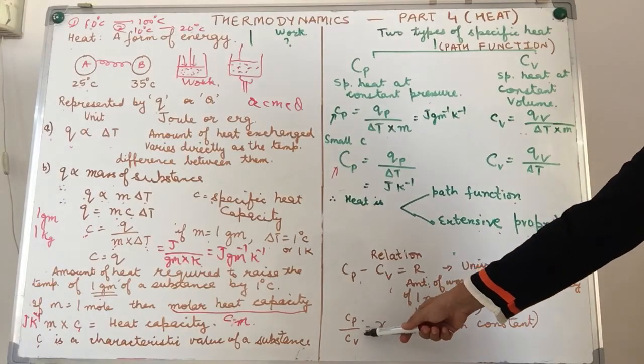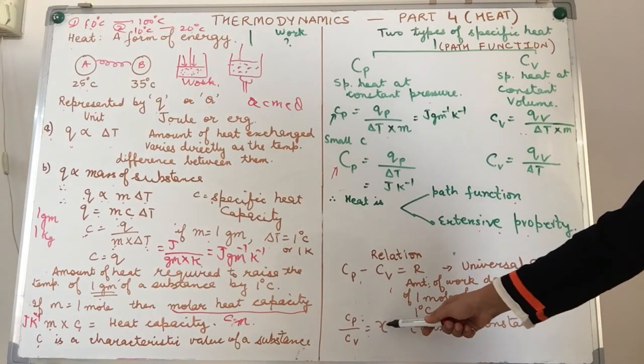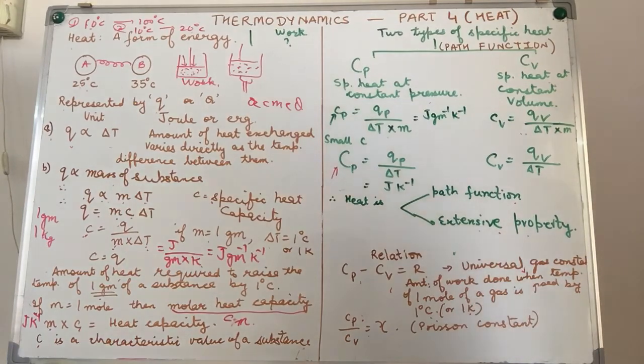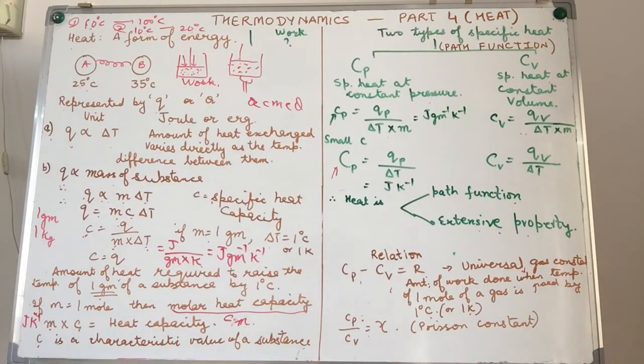The ratio of the two, Cp upon Cv, is denoted by the symbol gamma, known as the Poisson constant. We shall be discussing more about these in our further videos and extending our concept in order to derive a relation between the three thermodynamic quantities that we have learned till now: internal energy, work and heat.